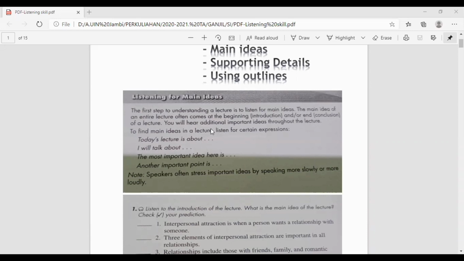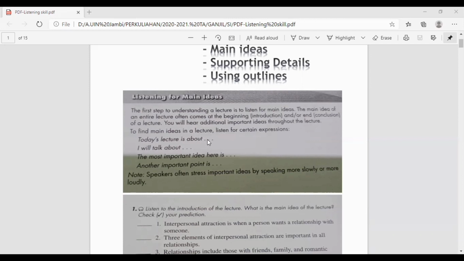Now, to find main ideas in a lecture, listen for certain expressions. Don't worry, maybe you will get confused about which ones. Normally, before the speaker starts their talk or lecture, they will say something like this: "Today's lecture is about..." The topic or main idea is the word or phrase after the word "about."